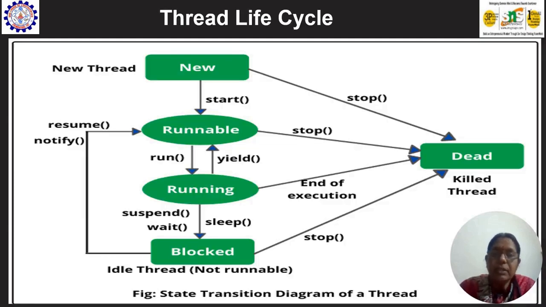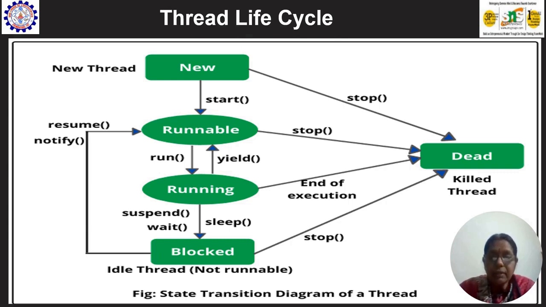Now we will see the state transition diagram, otherwise called the thread life cycle. How a thread starts, how it proceeds during its execution stages, and how it stops or ends its process. A thread is a lightweight process, so it's not actually a process by itself. A thread can be created.